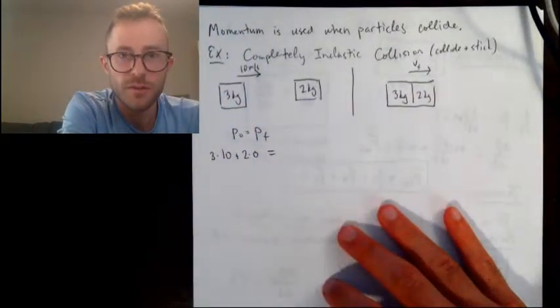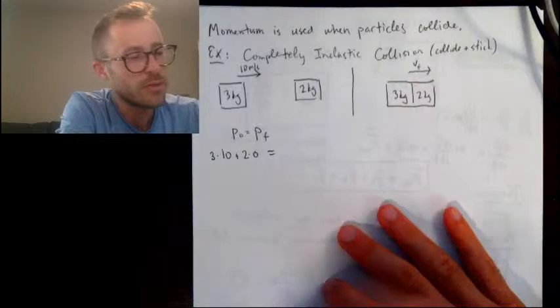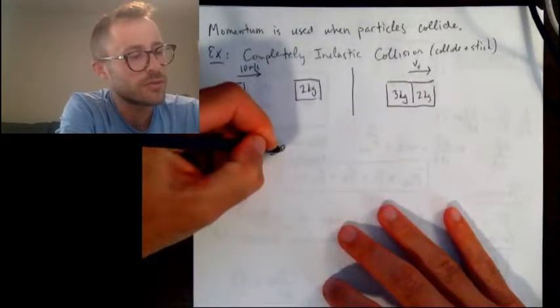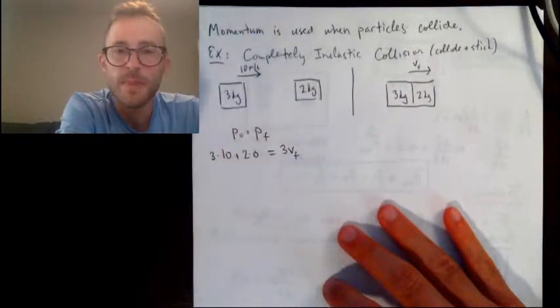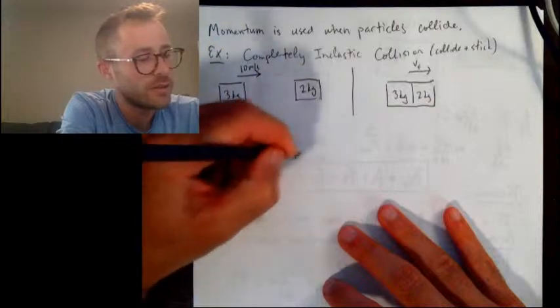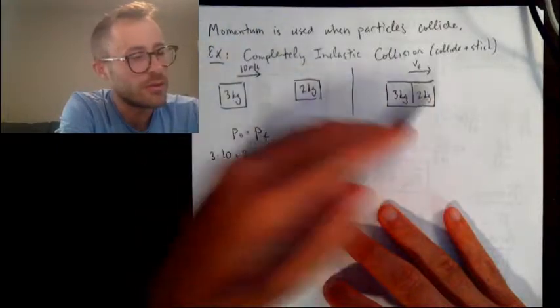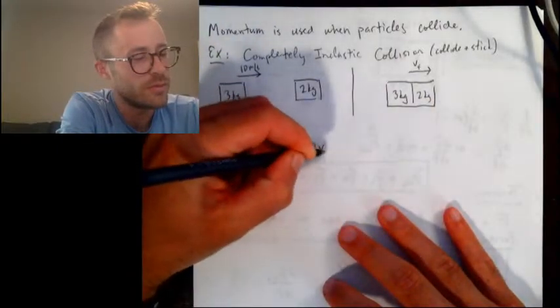The final momentum is going to be the momentum of the 3 kilogram mass, which is 3 times V final, plus the final momentum of the 2 kilogram mass, which is 2 V final.